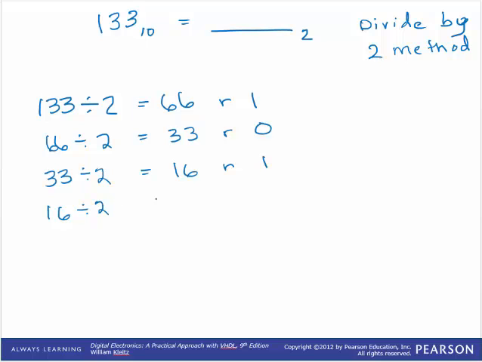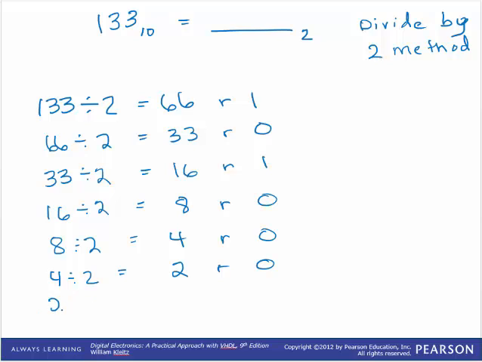16 divided by 2 equals 8, remainder 0. 8 divided by 2 equals 4, remainder 0. 4 divided by 2 equals 2, remainder 0. 2 divided by 2 goes 1 time with a remainder of 0, and 1 divided by 2 equals 0, remainder 1.